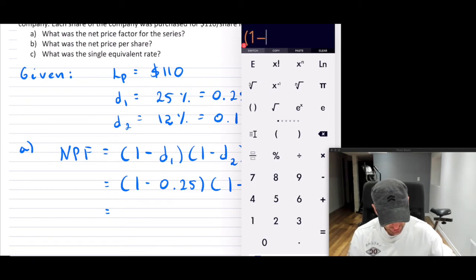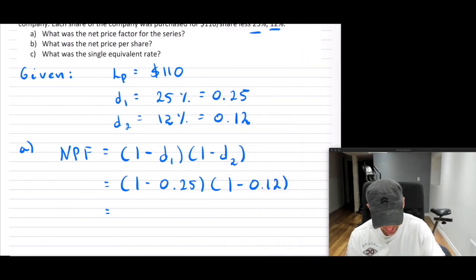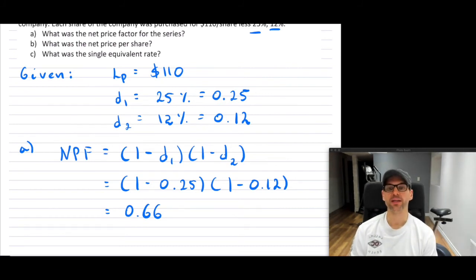Let me use the calculator here. That's 0.66. This means that for every dollar of our purchase in this company, we're actually paying 66 cents on the dollar. That's what the net price factor is.